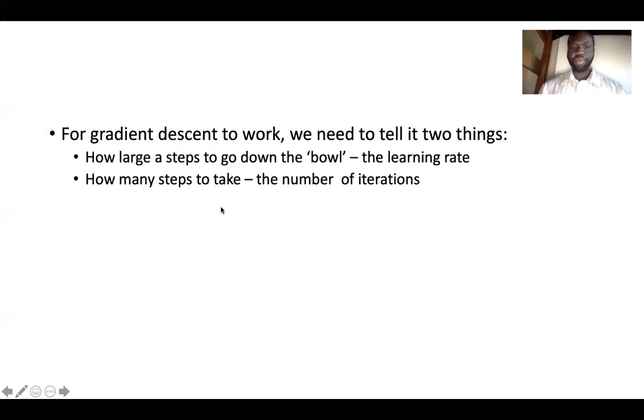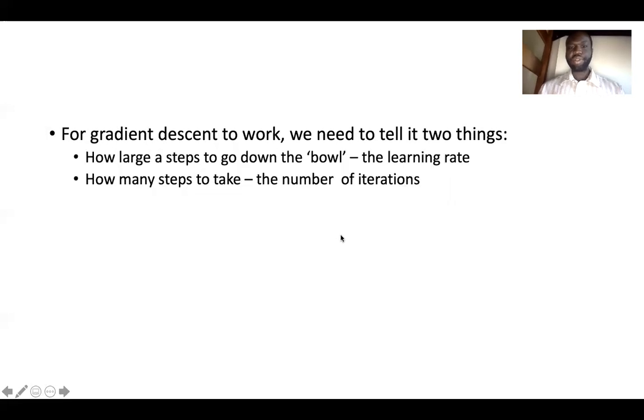And for it to work, we need to tell it how large steps to take as it's going down the bowl. We tell it this by giving it the learning rate. The other one is how many steps to take, which is given by the number of iterations.